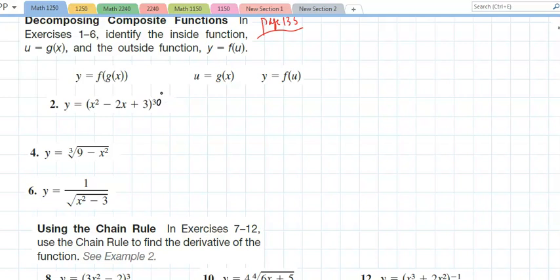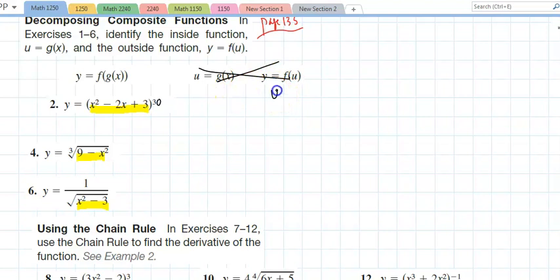This is what you do. If you change this into 2 functions, if you think of the inside of a power function, the inside of a radical, the argument of a log, the exponent of an exponential, the denominator of a fraction, if you let that be, and even though the book writes it this way, I want to write it the other way.